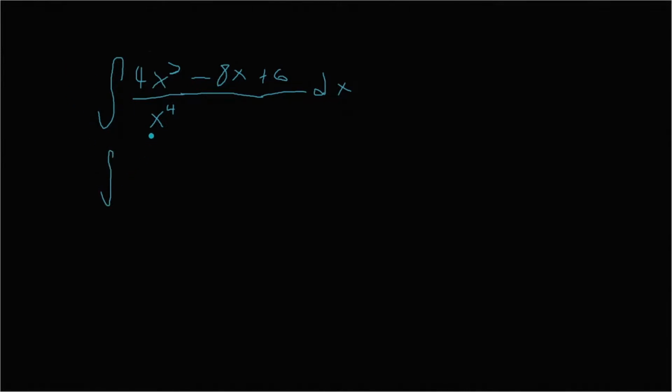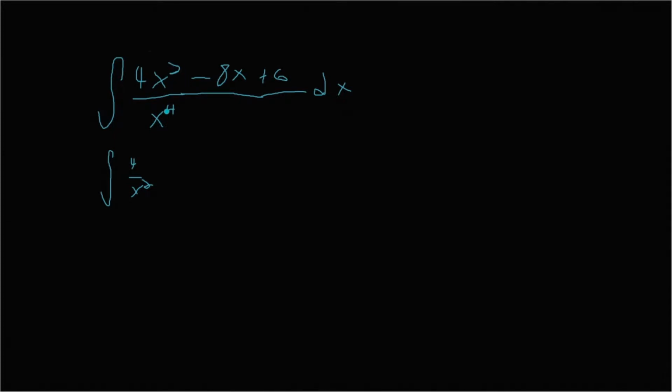So this integral is the same as the sum of each of these little components. So let's look at this first part, 4x squared over x to the fourth. Well, we can rewrite this as 4 over x squared, because when you divide exponents, you subtract the powers.